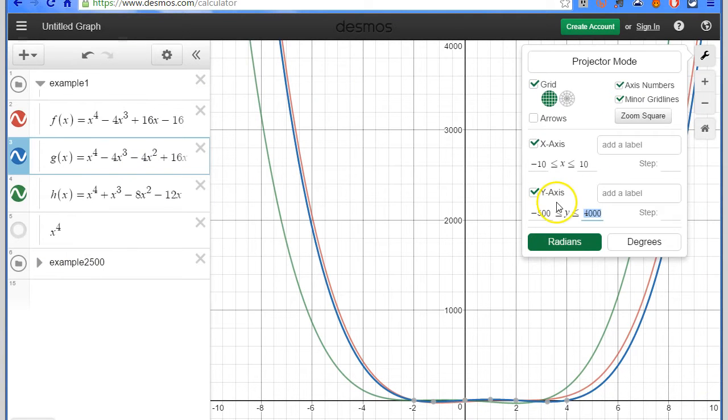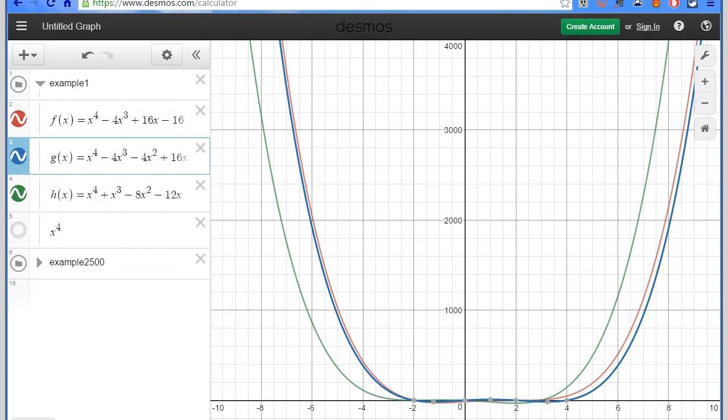For this particular window, -10 to 10 for the x values and -500 to 4,000 for the y values, these graphs look very, very similar. Since the leading term of each of these is x to the 4th, if I graph the x to the 4th power function, as you can see, they look very similar.